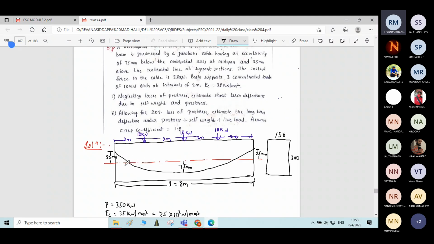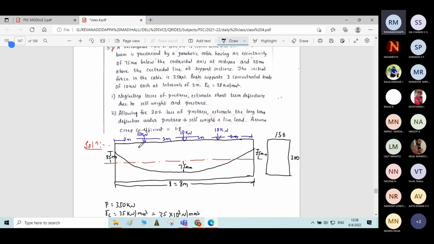Correct? Then neglecting losses of pre-stress, estimate short-term deflection due to self-weight and pre-stress. That is the first question. And allowing for 20% loss of pre-stress, estimate the long-term deflection for pre-stress plus self-weight plus live load. Creep coefficient is also given.